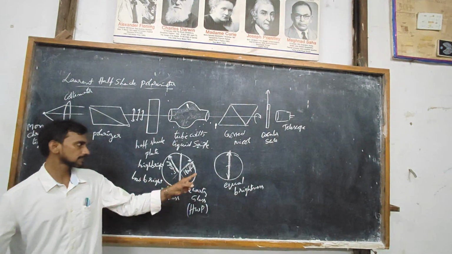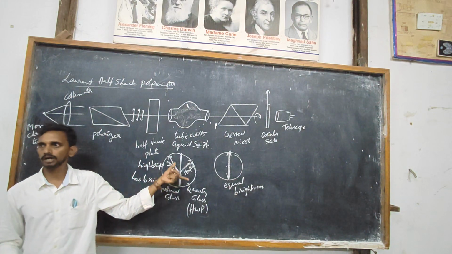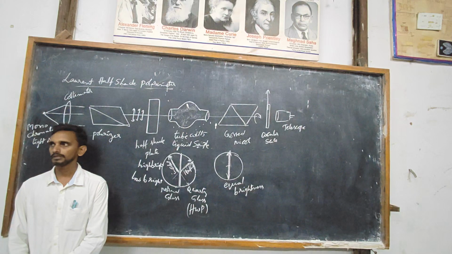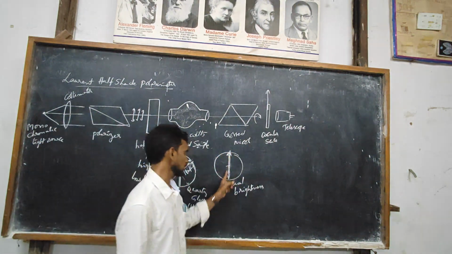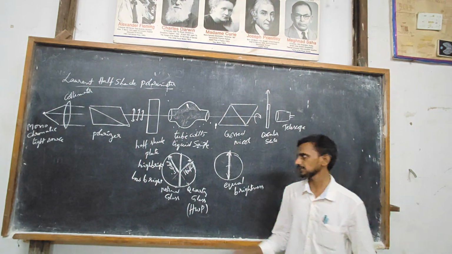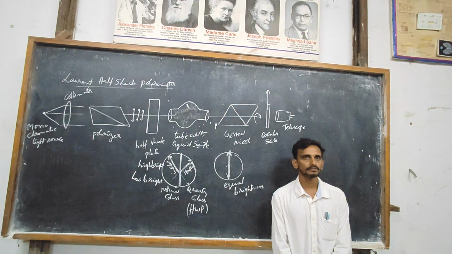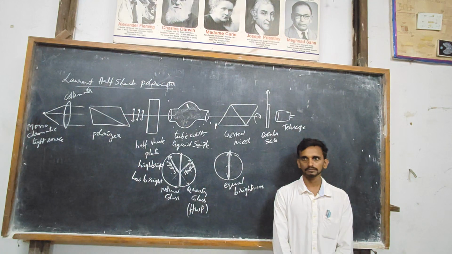So if the incident light ray is a bit tilted, what happens? Only the upper half of the plate is more intense and the lower half of the plate's intensity reduces. Whereas if the incident ray exactly falls normal to the plate, along the junction of the plate, then the flipped ray also follows the same path.